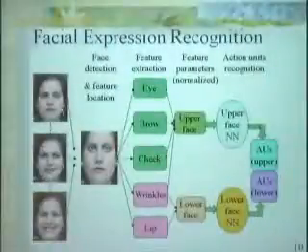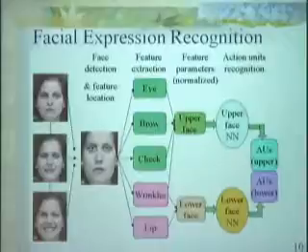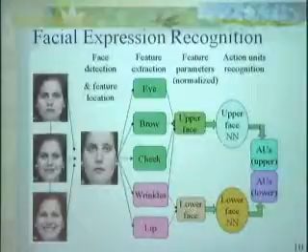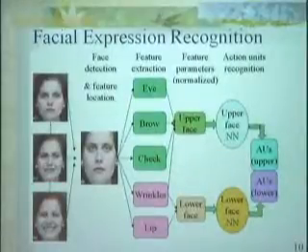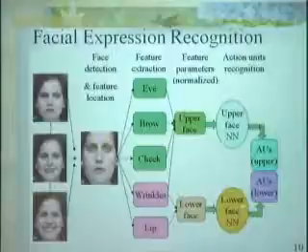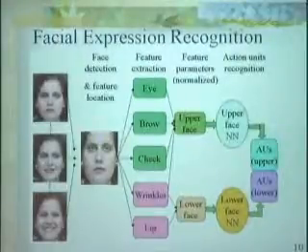From this video, we extract the features and then represent the features. Since we have very high resolution images, we have all those kinds of detailed features. When we do the recognition, we separate the upper face and the lower face. Both use a neural network-based classifier, then we get the result.